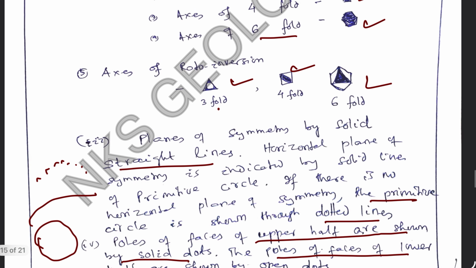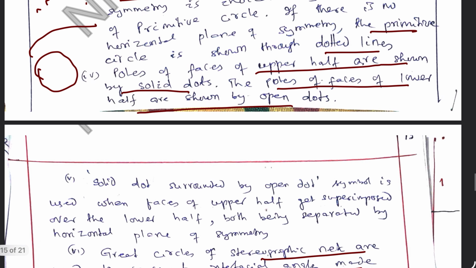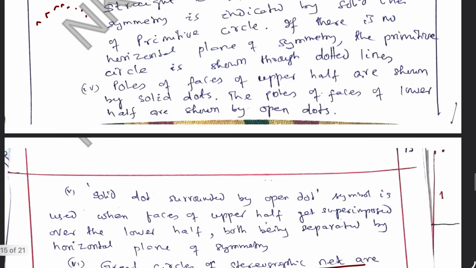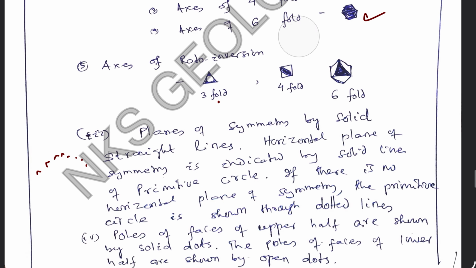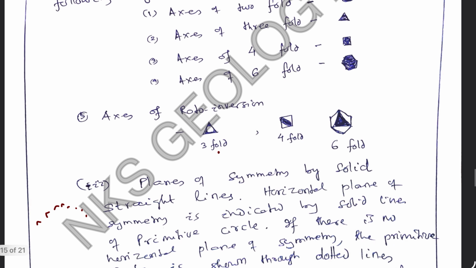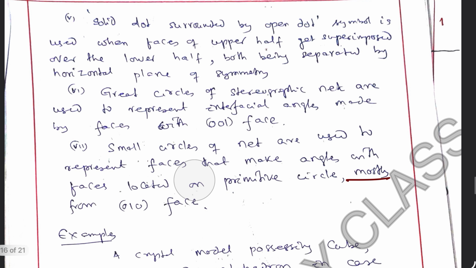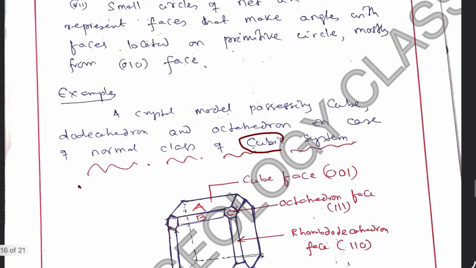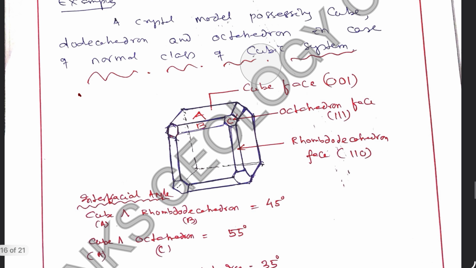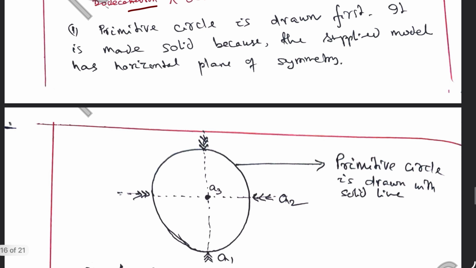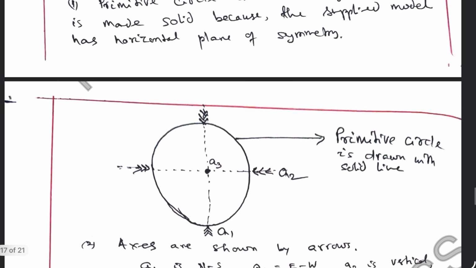If it is a horizontal plane of symmetry, then it is shown by the primitive circle. Let us say this is the primitive circle, and this circle is made solid to represent the horizontal plane of symmetry.